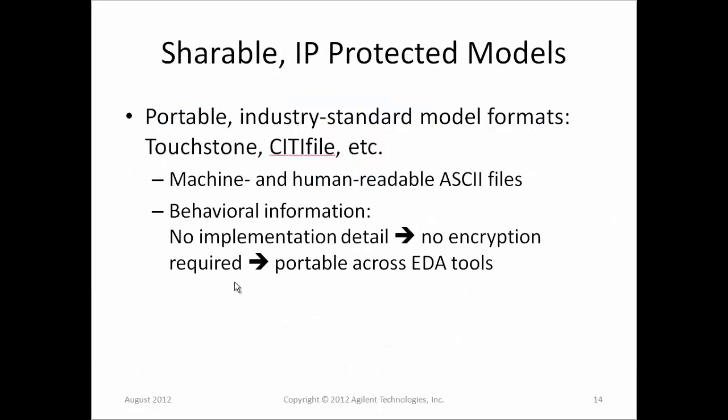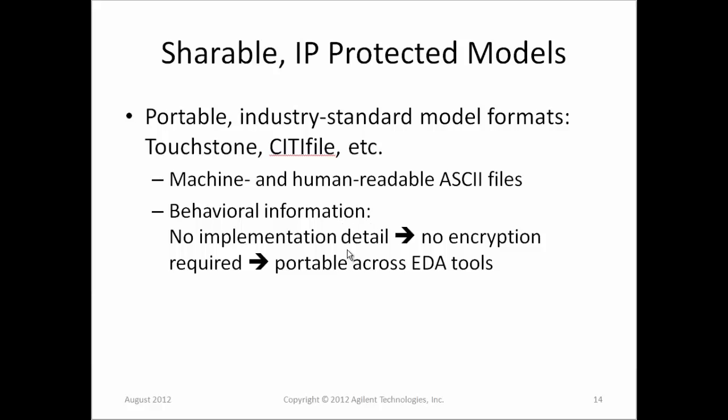So this is going pretty well so far. We have Z parameters, we understand them, we know how to measure them, how to use them, and they give us this kind of shareable IP protected models. You can send them off in portable industry standard model formats, Touchstone or CITI files. They're machine readable, human readable, they're just ASCII files. They contain only behavioral information.